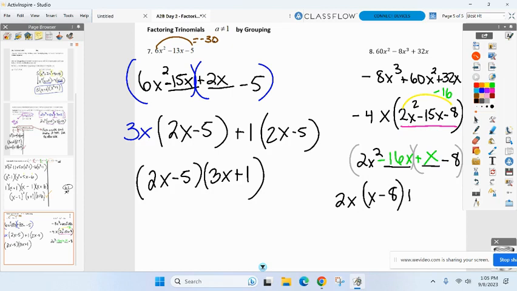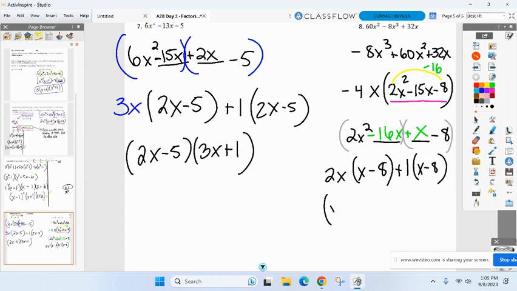And I'm going to have to take out a 1, be left with x minus 8. So there's the first part of grouping. Make sure you finish it. Don't leave it like that. So I have x minus 8, 2x plus 1. And of course, don't forget the GCF we took out at the beginning.